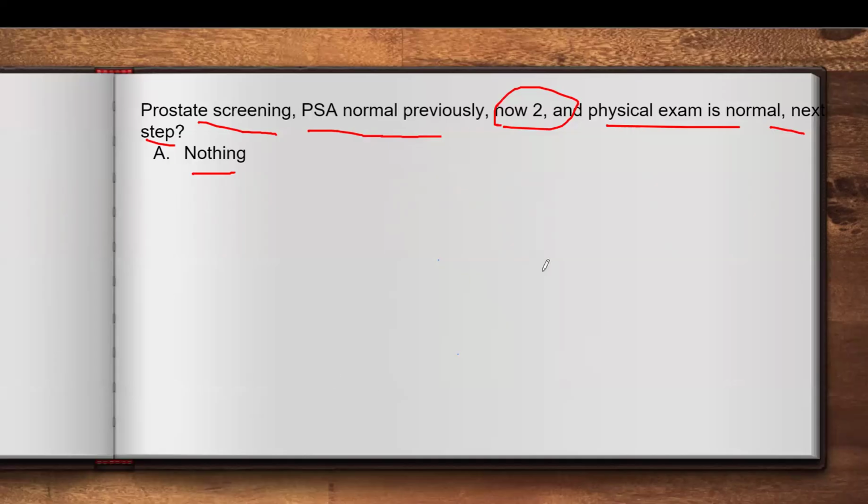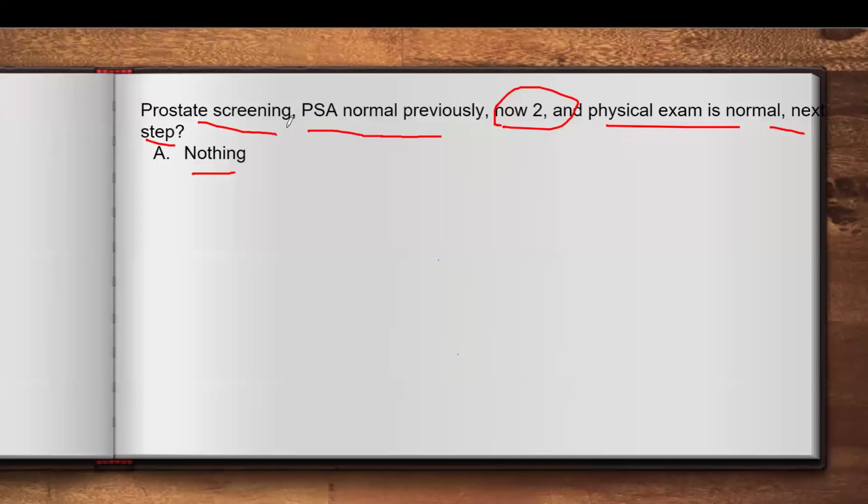So for cancer guidelines, like I mentioned, we will be following the Red Book 10th edition, right? So regarding the PSA, there are a few things regarding prostate cancer. One is that prostate cancer is an extremely slow growing tumor.